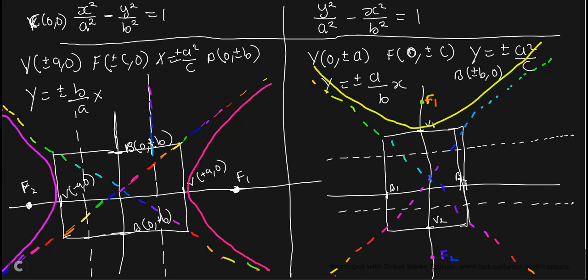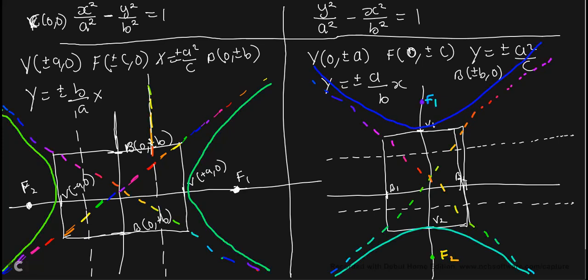And again, pass through the vertex there. Like this. So this is how you draw when it comes to hyperbola, right?